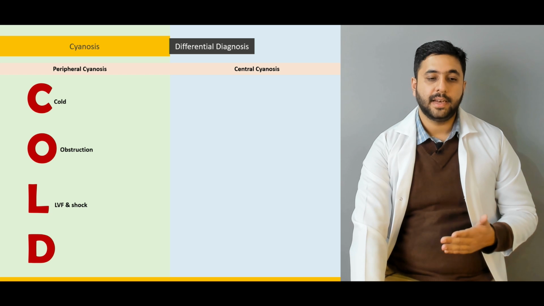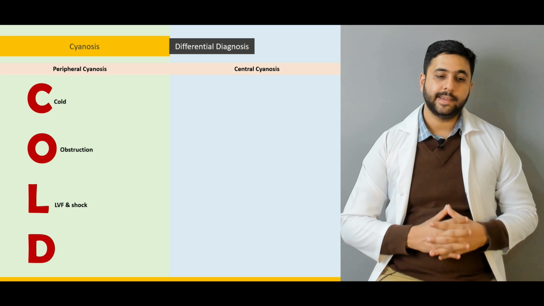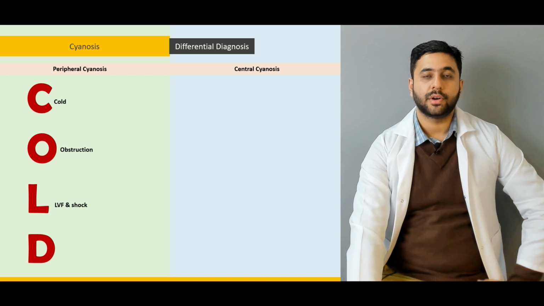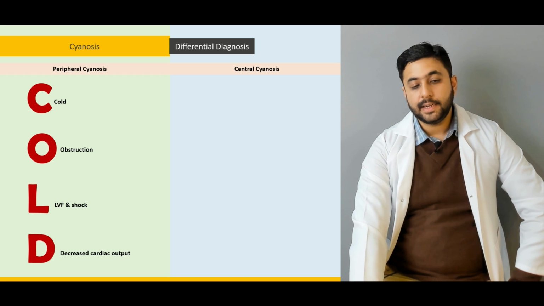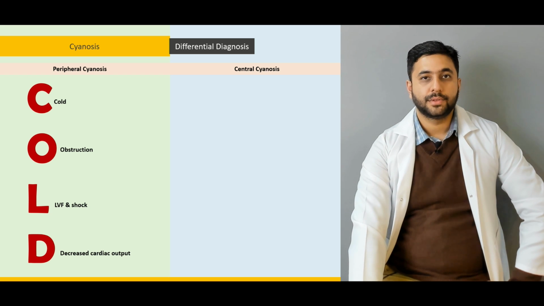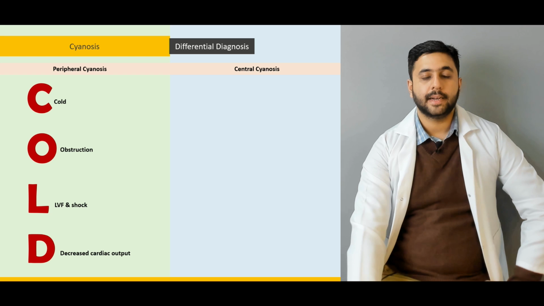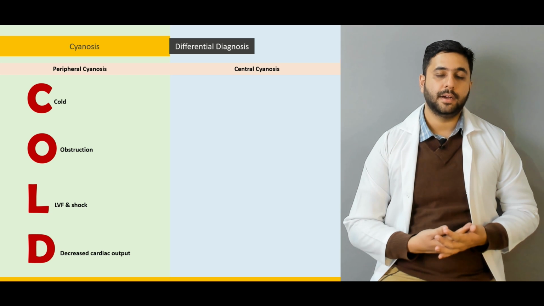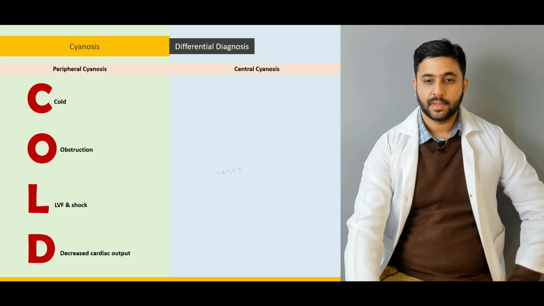L can signify the LVF or the left ventricular failure and shock, or any condition that reduces the cardiac contractility. And D also signifies the decreased cardiac output. So COLD gives you a good idea that it can either be a problem with the temperature, or an obstructive problem, or a problem at the level of the heart.